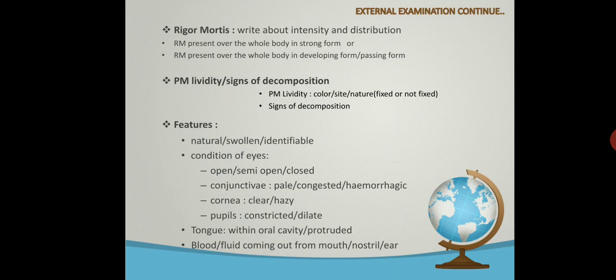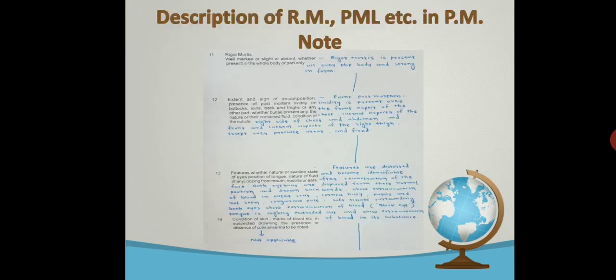So all the things you do on examination and find, you have to describe in the postmortem report. Like that, tongue protruded or within the oral cavity, or if there is any spillage of fluid from the nostril, mouth or ear, then you should write it down.